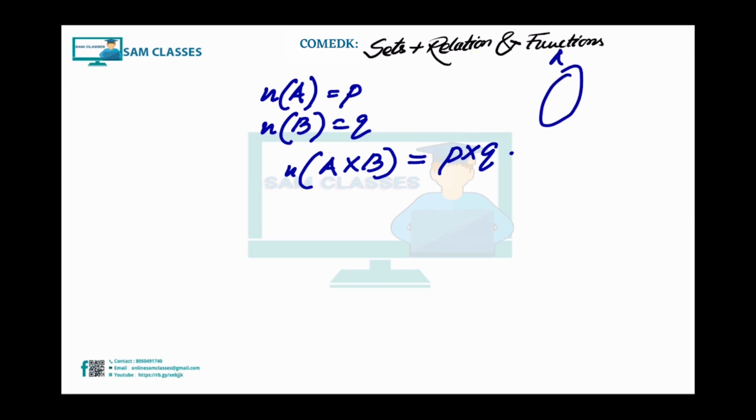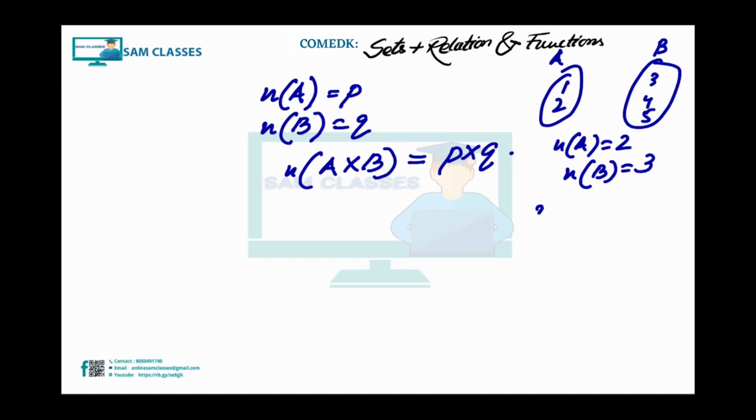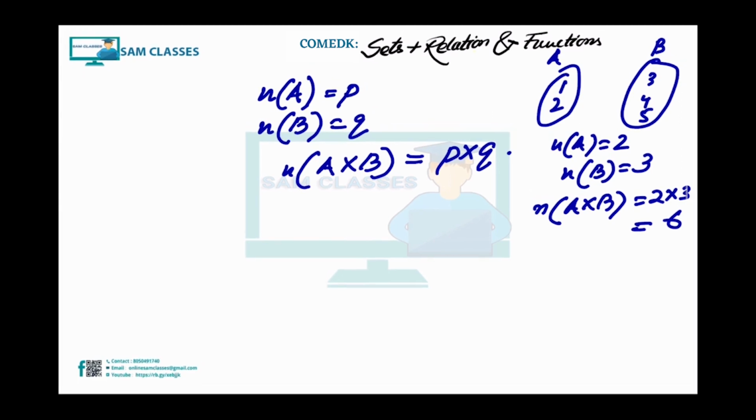We just now saw A if it is 1 and 2, B if it is 3, 4, 5. So the number of elements in A is equal to what? 2. And the number of elements in B is equal to what? 3. So the number of elements in A cross B will be how much? 2 into 3, simple as it is. So that will be equal to 6, students. Nothing more than that. Now, let's see the next part.